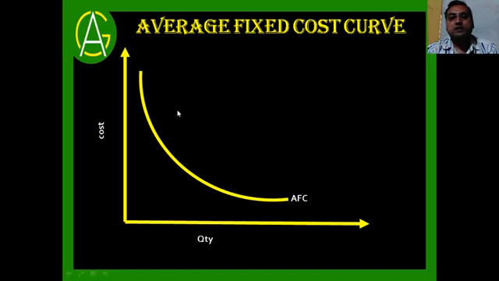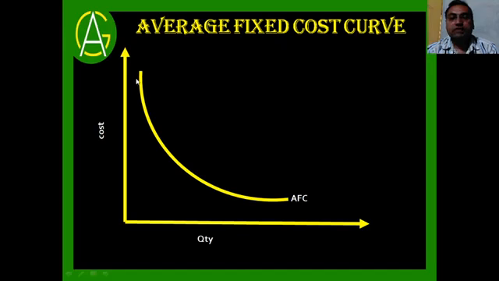Now if they ask you the shape of this average fixed cost curve, this is known as rectangular hyperbola. The shape is rectangular hyperbola or convex to the origin. From this particular point, if we see this curve, it looks convex, so it is known as convex to the origin or rectangular hyperbola curve.